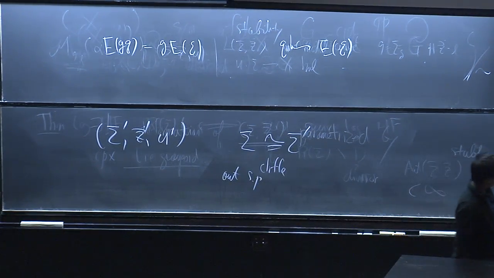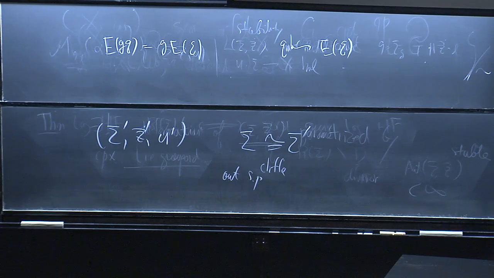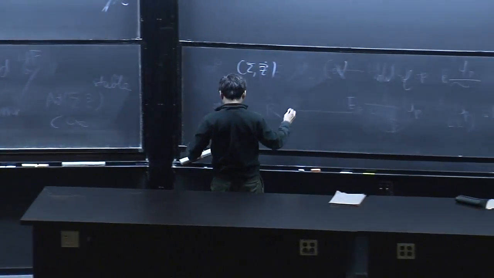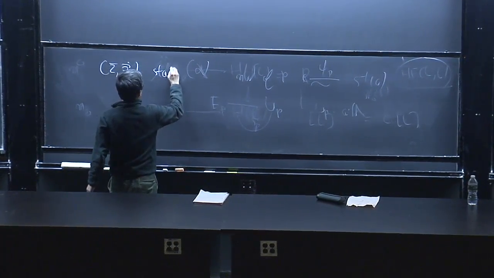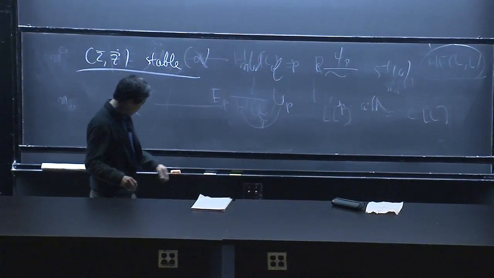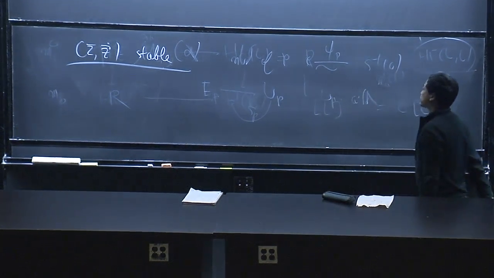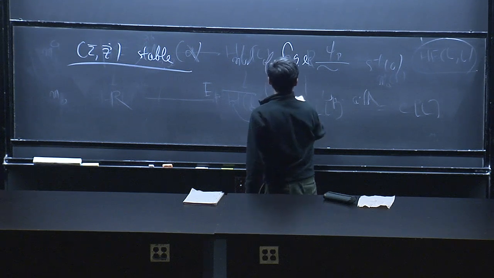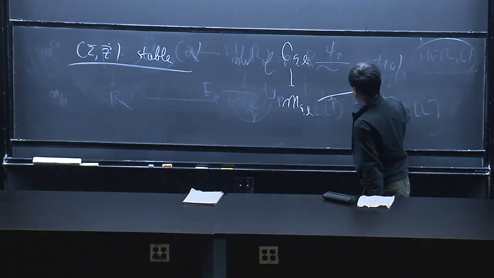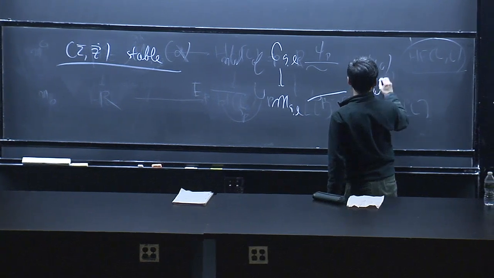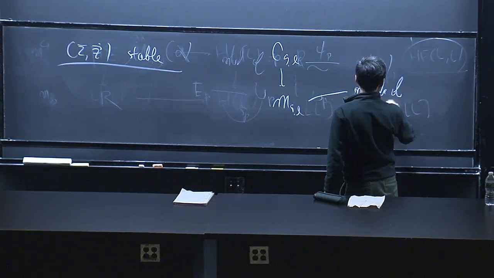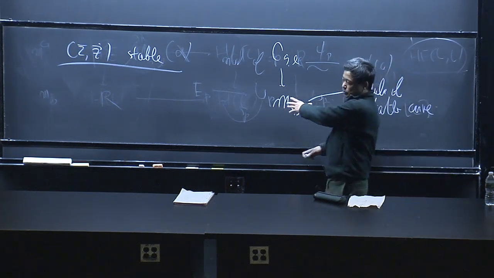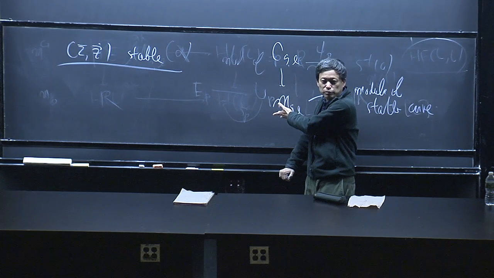So now I want to mention that in the case this sigma zero is stable, so if this curve itself is stable, then we can discuss in the following way. We consider this CGL to this MGL. So this is a moduli of stable curves, which is defined by Deligne and Mumford.